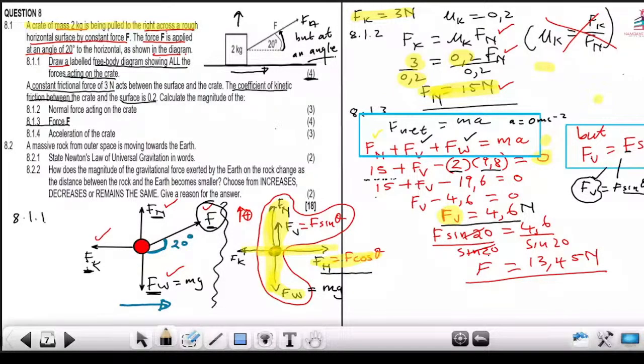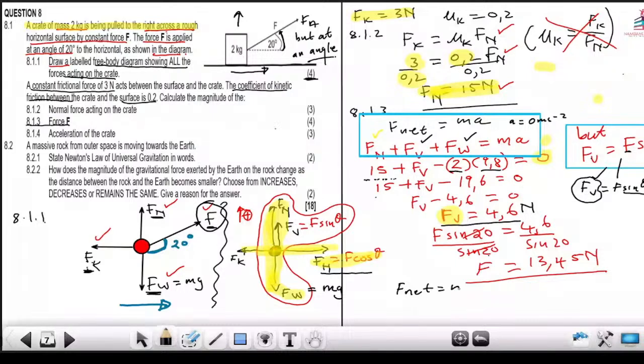Let me write it down here for you to see. If I am using Fnet equals MA, and considering horizontal forces, this will be FH plus FK equals MA.